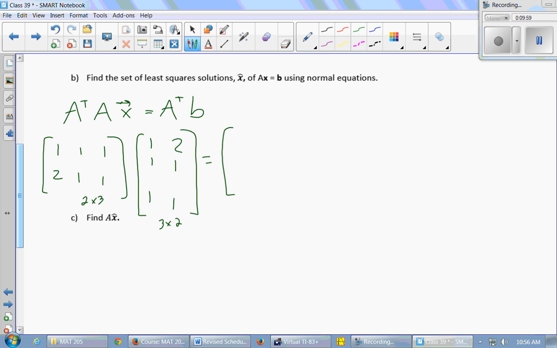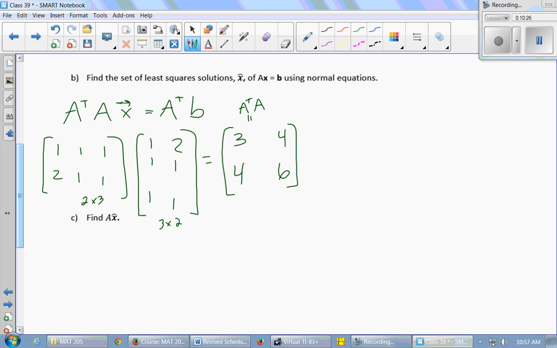So first row times first column, I get 3: 1 plus 1 plus 1. First row times second column, I get 4. And then 2, 1, 1 times 1, 1, 1 gives me 4 again. And 2, 1, 1 times 2, 1, 1 is 6. So there's A transpose A.